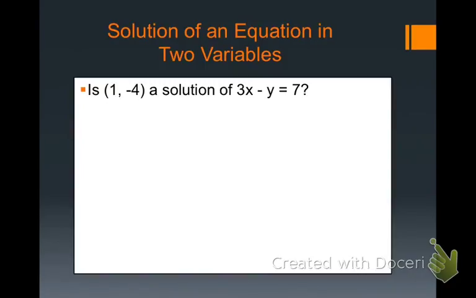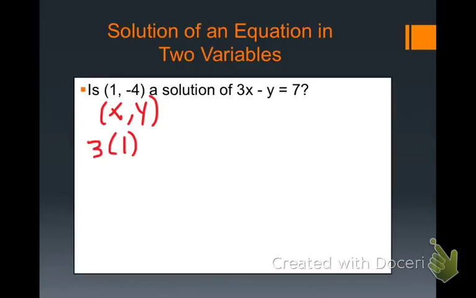So we have an example that says, is the ordered pair (1, -4) a solution of 3x - y = 7? So what we can do is plug it in and see if it's true. Remember, my ordered pair is (x, y), so I'm going to plug 1 in for x and -4 in for y.